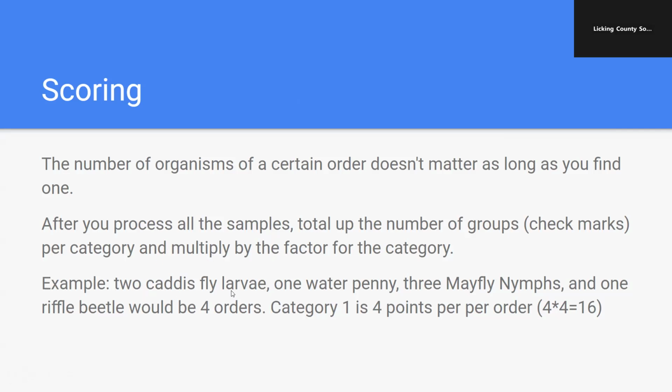Example, you find 2 caddisflies, 1 water penny, 1 mayfly nymph, and 1 ripple beetle, and those are all in order 4, the highly intolerant. So you'd have 4 points per group in category 1. So 4 times 4 is 16.